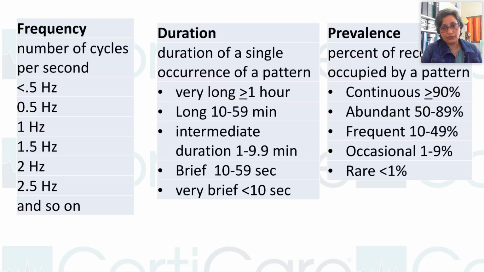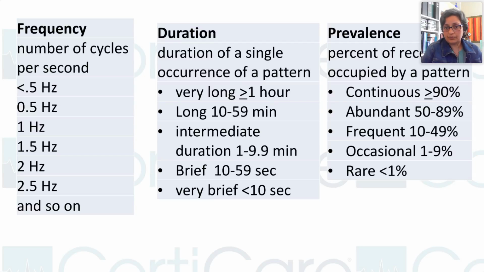If it goes above 59 minutes, if it is 1 hour, it is a very long pattern. Then you have an intermediate duration of a given pattern. Brief pattern is 10 to 59 seconds. You have this very brief spike and wave discharge, very brief sporadic discharge. That's less than 10 seconds, maybe it happened twice in those 10 seconds. So the duration of a given discharge is described based on this time scale.